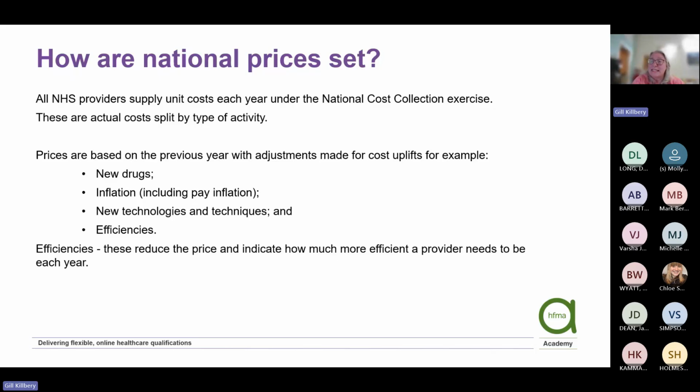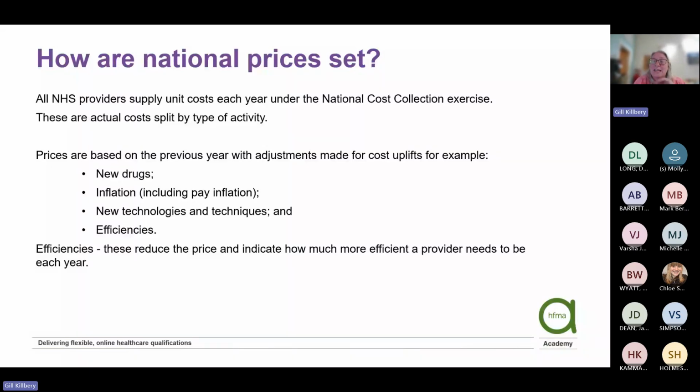I think PLICS has been used, but it's now called the National Cost Collection Exercise. The information that's collected is then used to produce costings for the following year. So it's always at least a year out.